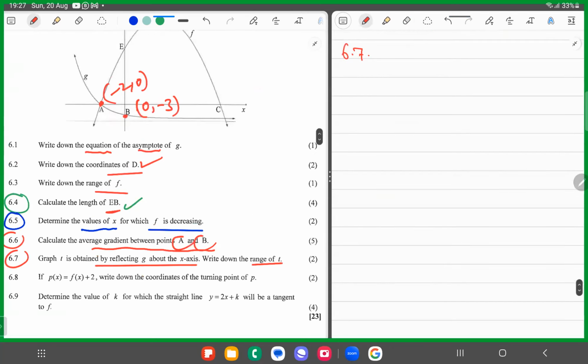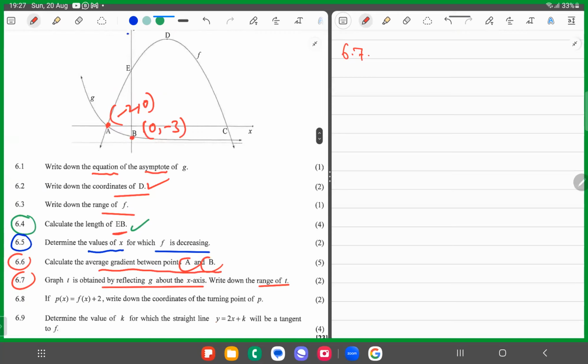Right, in 6.7 now, we are going to reflect G about the x-axis. So where is the x-axis? This is the x-axis, this one here.